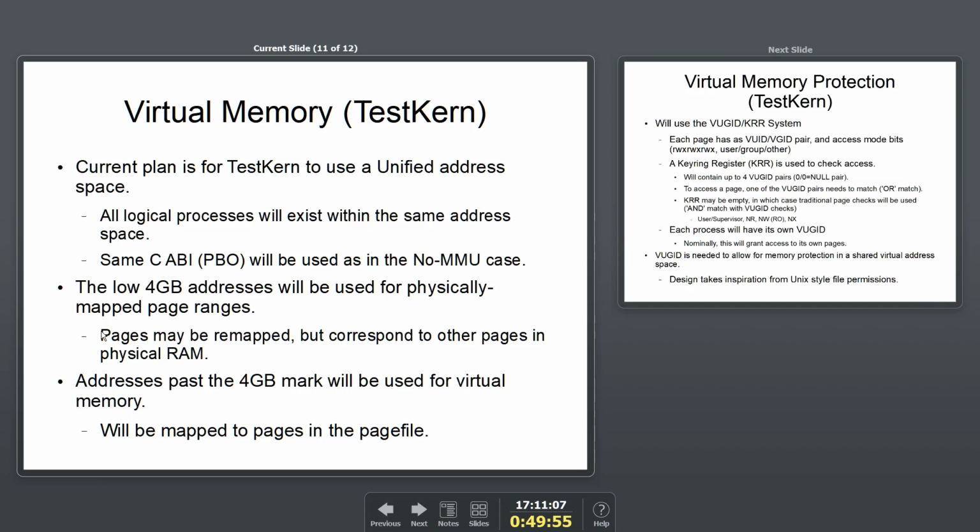These pages are remapped, but only correspond to other pages within the physical RAM area, as opposed to page file stuff, or MMIO, which in my current design is unable to be remapped via the MMU.